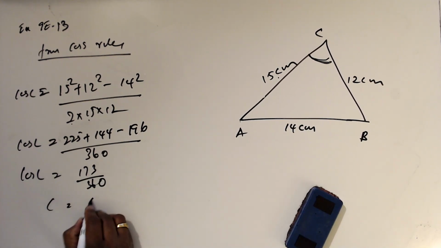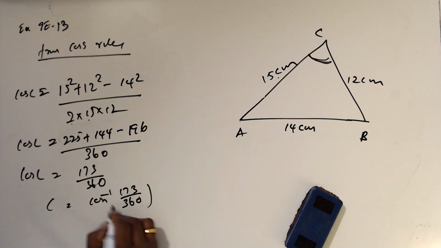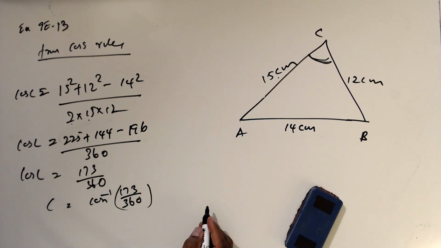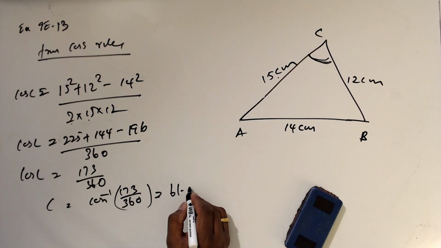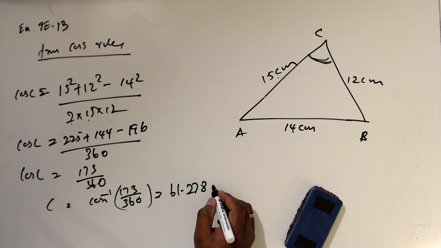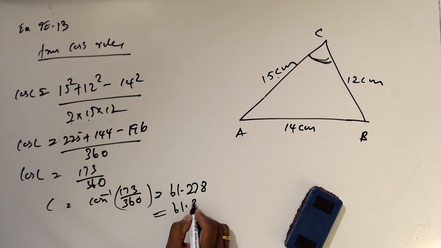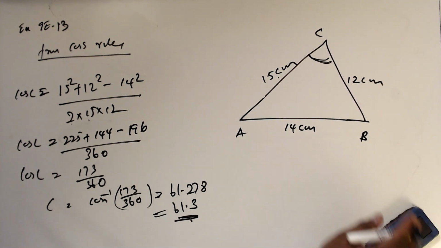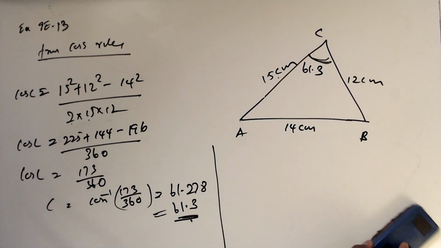Then C equals cos inverse of 173 over 360, which is 61.278, or we can take approximately 61.3. So this is 61.3. Now we need the area.